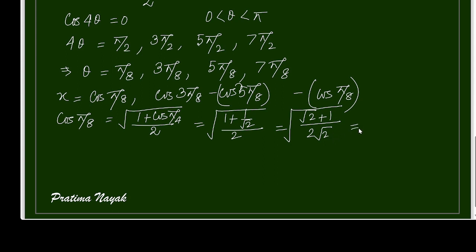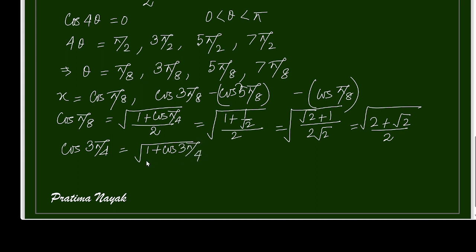Now on simplifying, I'll get √(2 + √2)/2. And about cos 3π/8, it is equal to the square root of (1 + cos 3π/4)/2, that will be the square root of (1 − 1/√2)/2. It is simplified to √(2 − √2)/2.